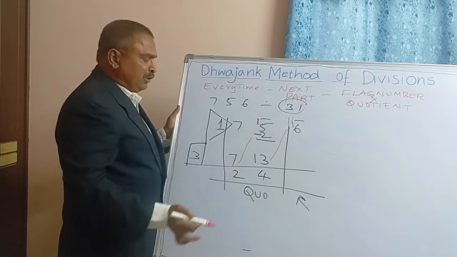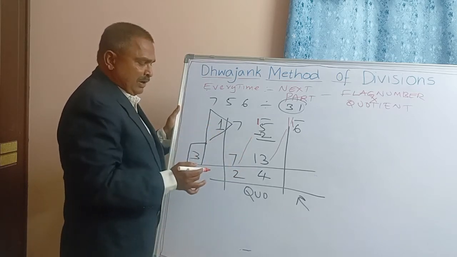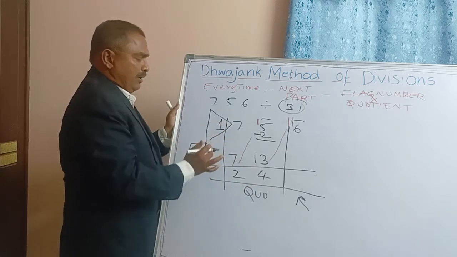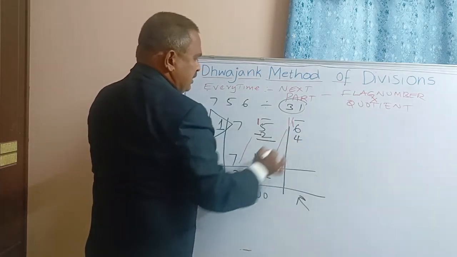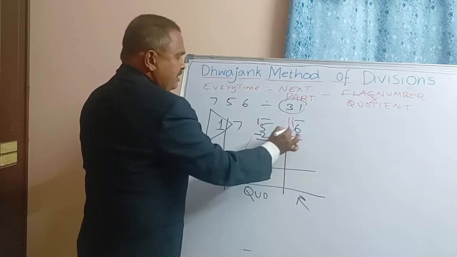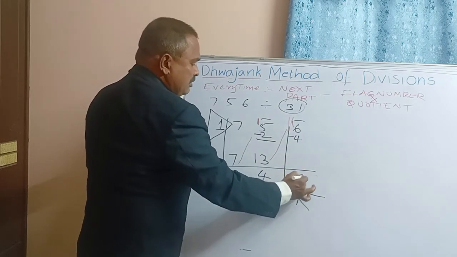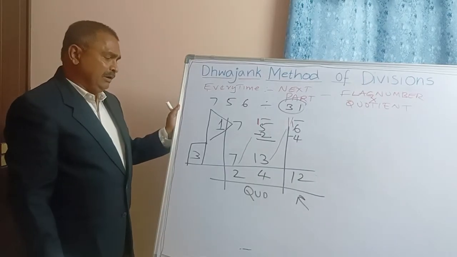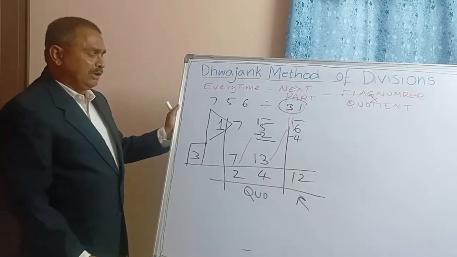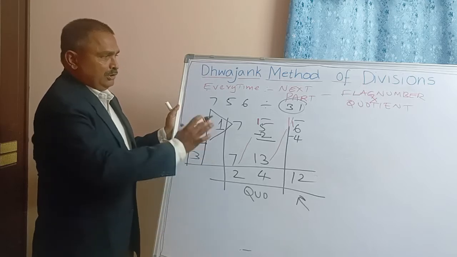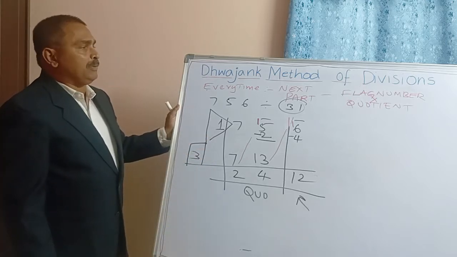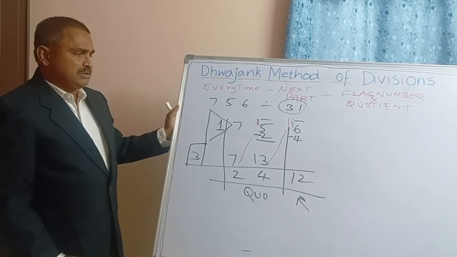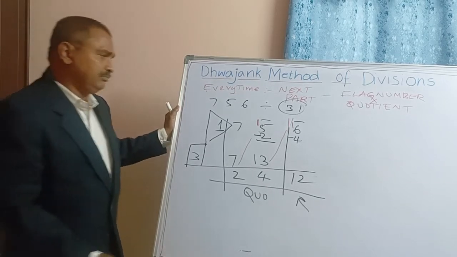Here the quotient is 4, the flag number is 1. 4 into 1, 4. Subtract from next part. 16 minus 4, 12 is the remainder. 24 is the quotient. So this is called the Dwajank method of divisions or flag number method of divisions. Let us see one more example.